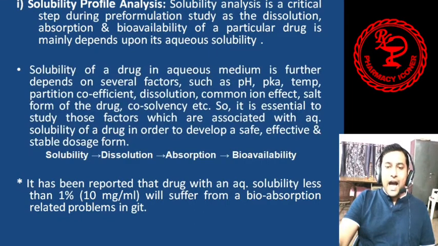In case of IV or intravenous administration, the bioavailability of a drug is 100%. Now, it has been reported that a drug with an aqueous solubility less than 1% or 10 mg per ml will suffer from bioabsorption related problems in the gastrointestinal tract.